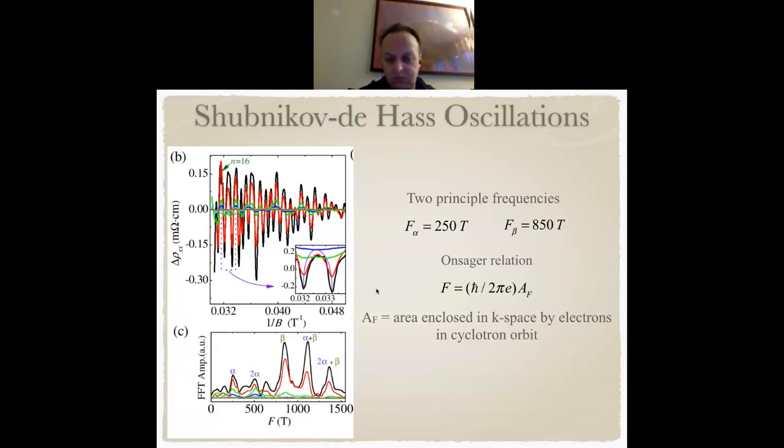And this Onsager relation allows one to calculate the area enclosed in k-space by the electrons that are in the cyclotron orbit on the Fermi surface. In the fast Fourier transform, you will get these harmonics as well as integer combinations of the harmonics of both bands.